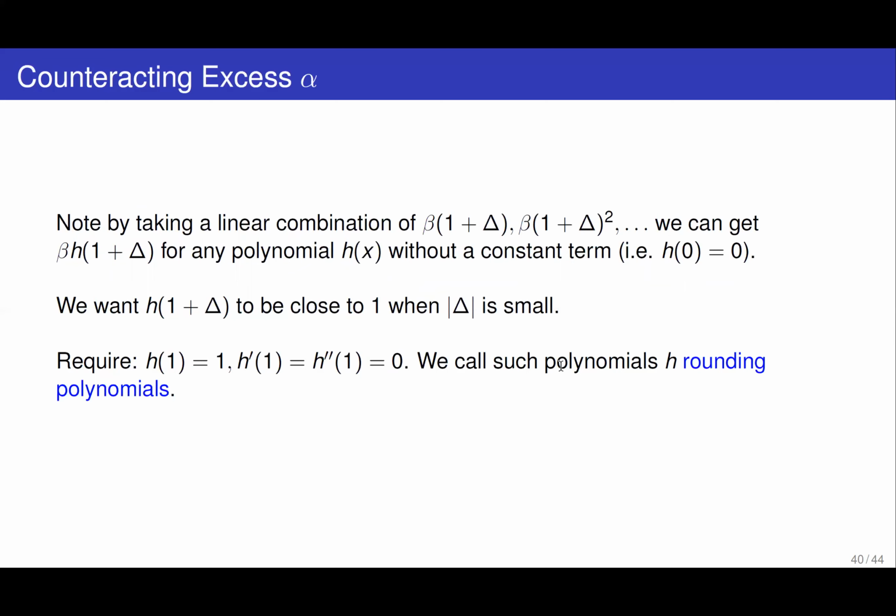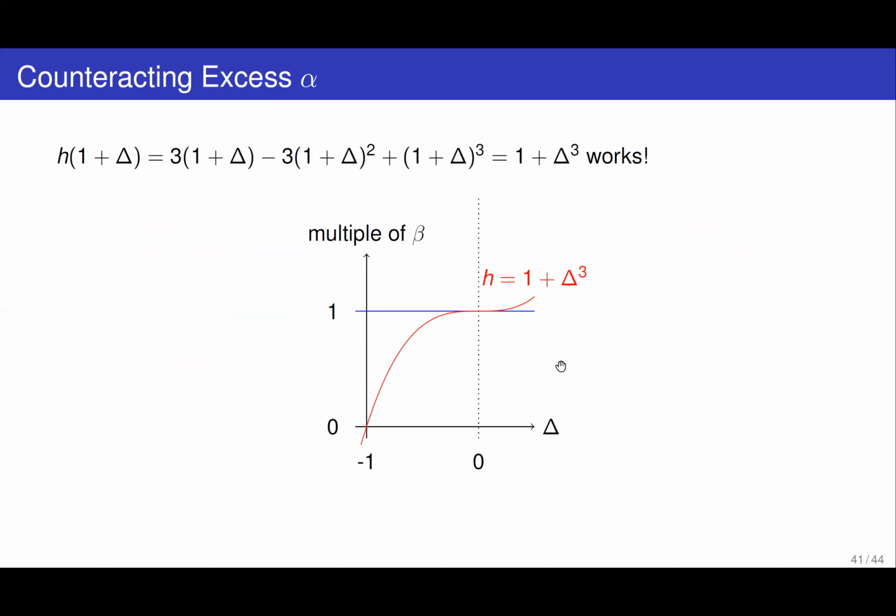We call such polynomials h rounding polynomials. So for the special case, we actually showed that h of 1 plus delta equal to 1 plus delta to the third works. And here is a figure for this polynomial. And note that when delta is close to 0, we actually have a multiple of beta that is close to 1.